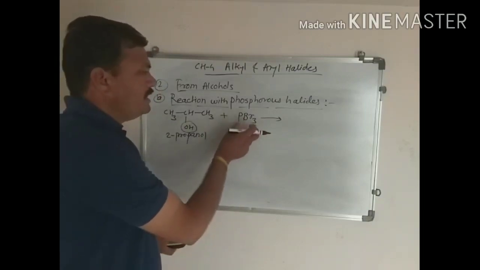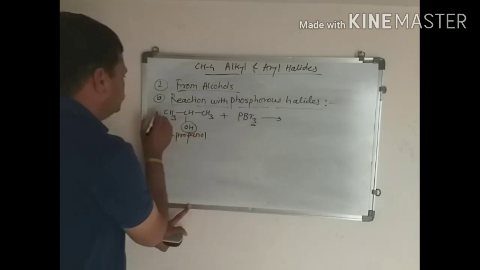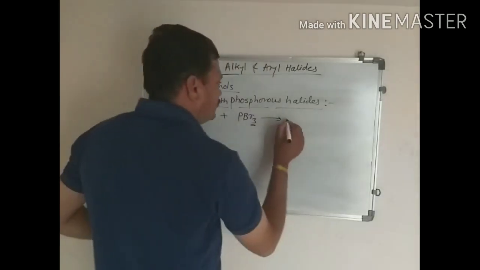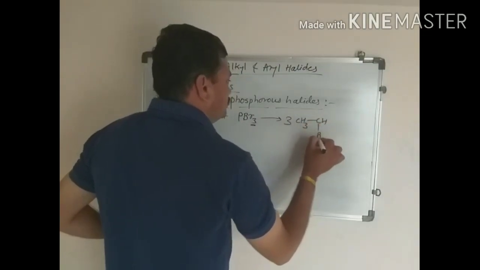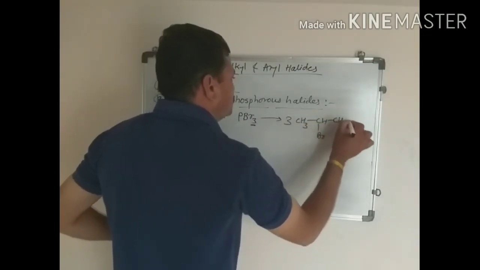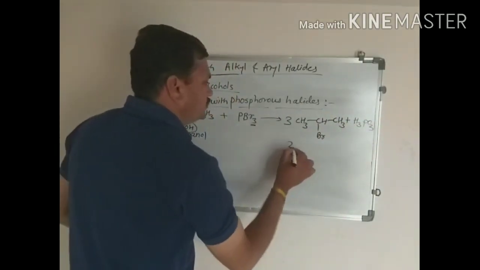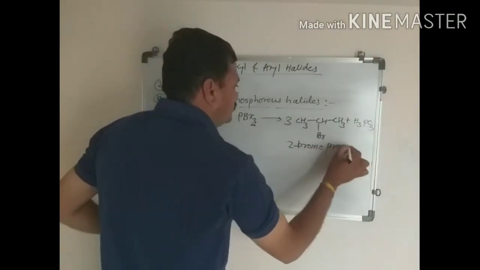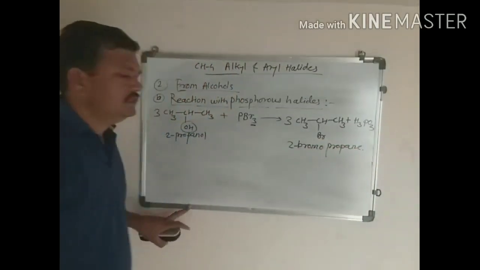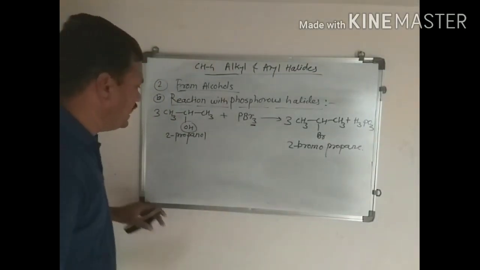Therefore, one PBr3 molecule is capable of reacting with 3 moles of alcohol, and we get the product CH3 CHBr CH3 plus H3PO3. It is 2-bromopropane.